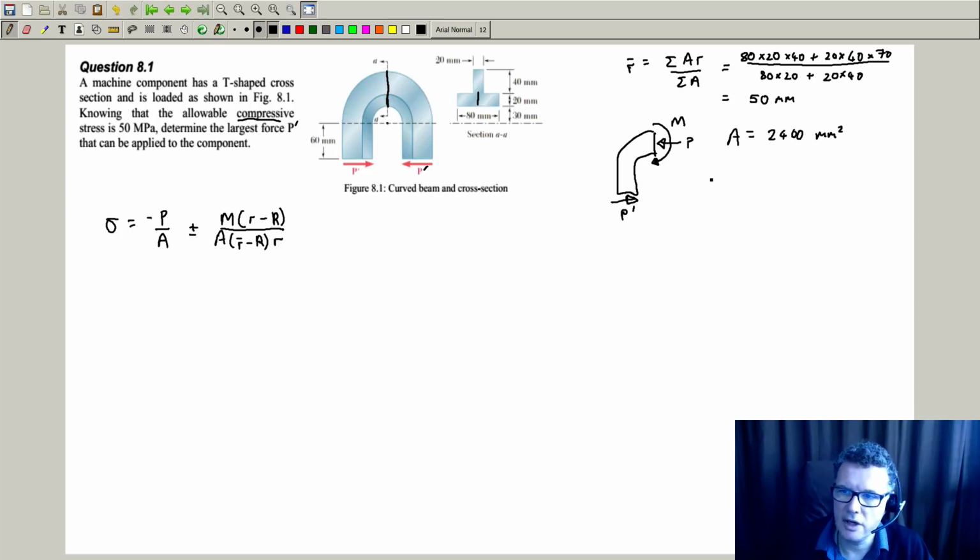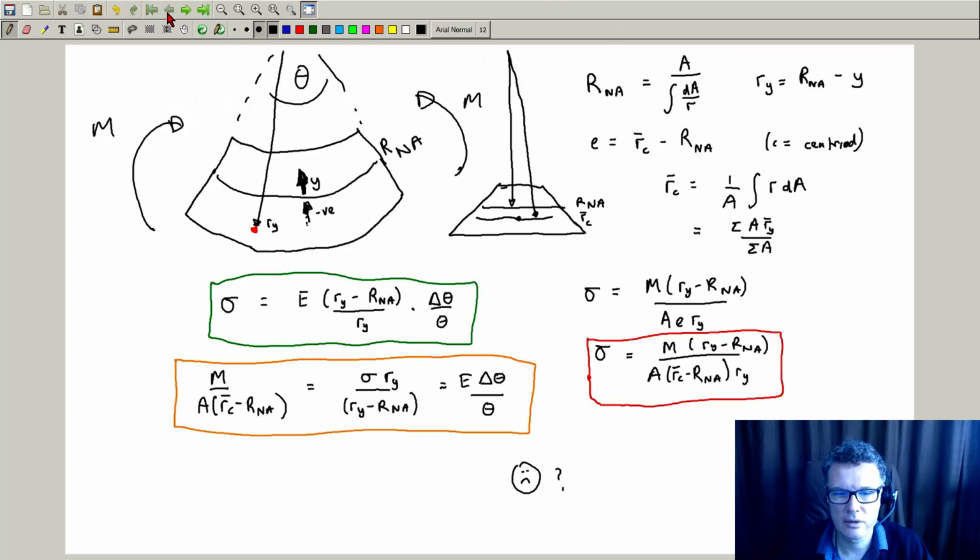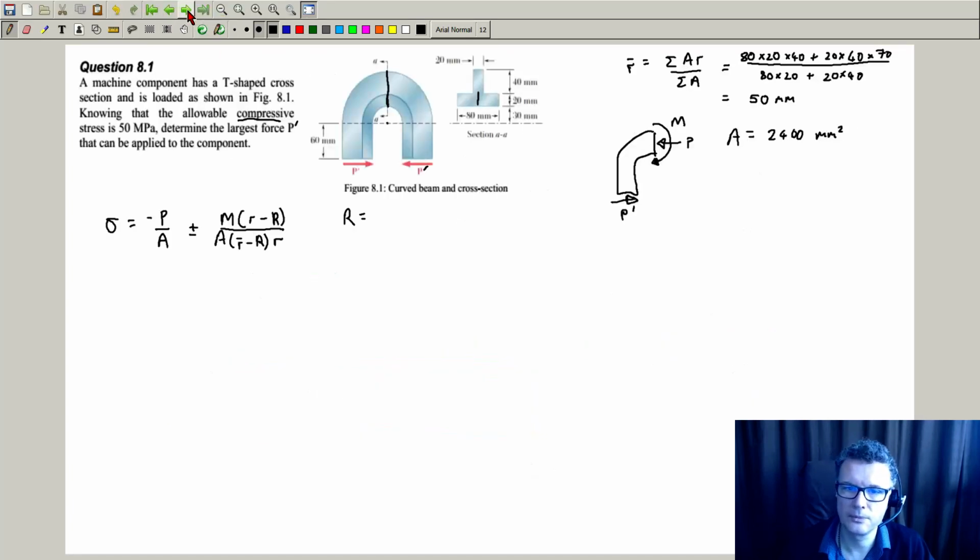I need to find my big R term. And that was... Well, here, I'm thinking there's two ways you can do it. You could do it the long way.